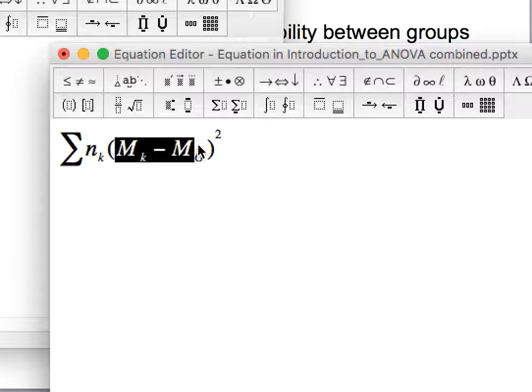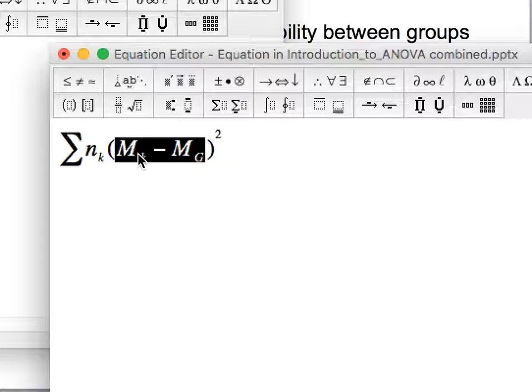this part right here. This is just saying that group 1, or the mean of group 1, is different from the overall mean, and the M with a little g means it's the grand mean. So this is the mean of each group. K stands for each group that I have, and the M sub g stands for the overall mean. So when I add everyone together and ignore that they're in groups, I get an overall mean.